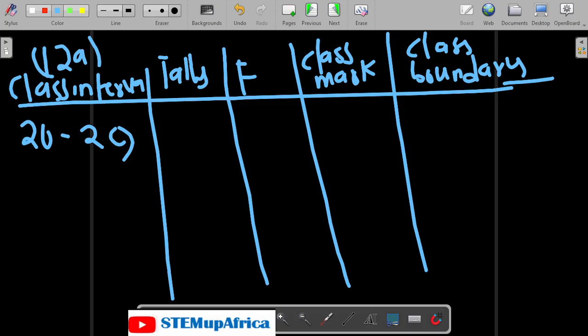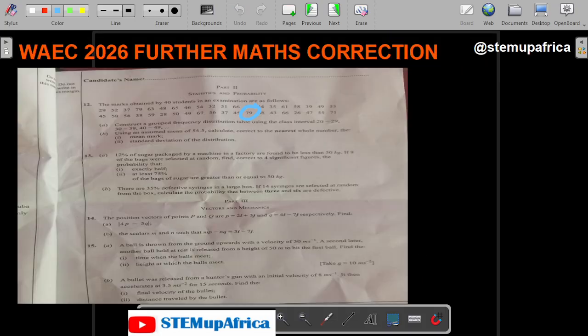So let's count numbers that fall between 20 to 29. So here is 1, 20 to 29. Let's look very well. There is 2.